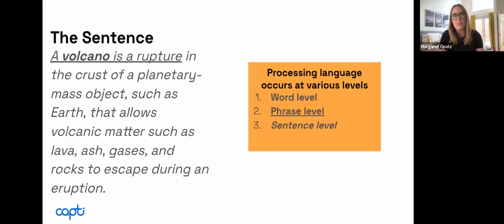This entire sentence is difficult to read because it packs in so much information about a volcano, and it uses really elevated language like rupture or a planetary mass object. So it's a difficult sentence based on the words, the number of phrases, and how those join together.